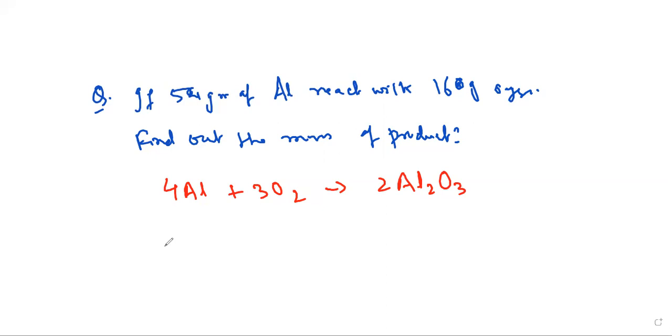We don't multiply the stoichiometric coefficients, right? You have to find the weight of Al2O3. No, ma'am, to find the moles of oxygen, do we multiply? Okay, ma'am, nothing, I got it.